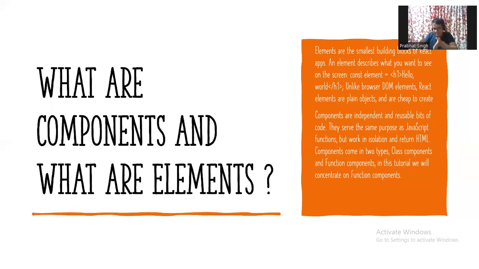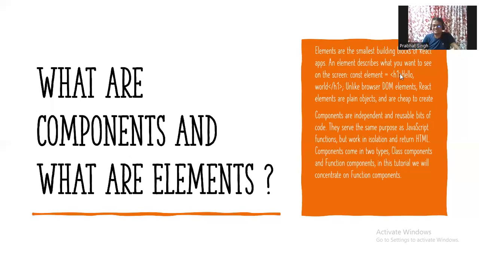We use that component and make billions and millions of phones like this. And the smaller parts, like chips and audio chips, that we collect in a component are known as elements. So it's layman language, not React language.